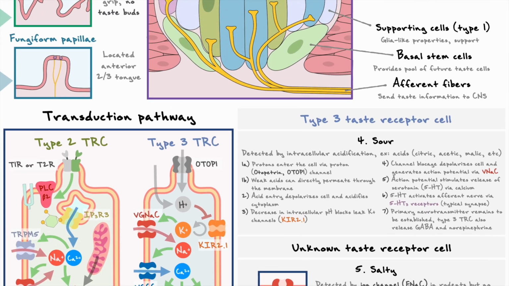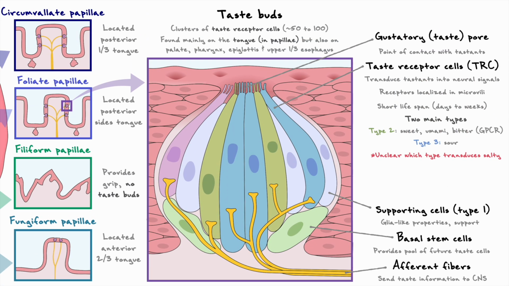Alright, going back to this figure of the taste bud, we have a good idea of how type 2 and type 3 cells transduce tastants into neural signals. We also know that it seems that taste receptor cells are sort of separated in a discrete fashion, with some taste receptor cells only detecting sweet, others detecting umami, others detecting bitter, others detecting sour, and presumably others detecting salty.